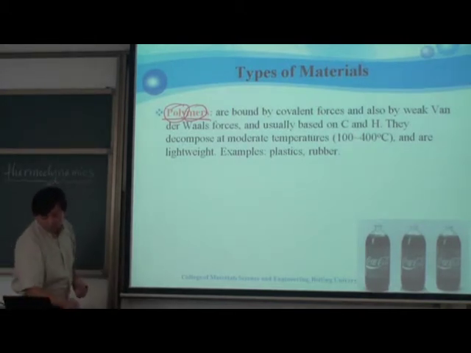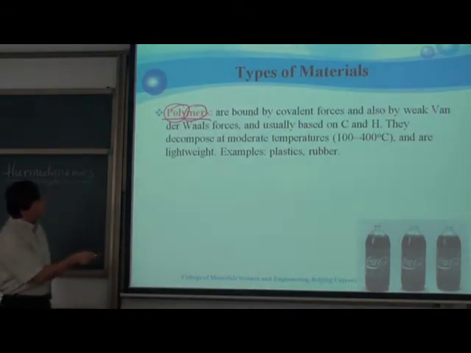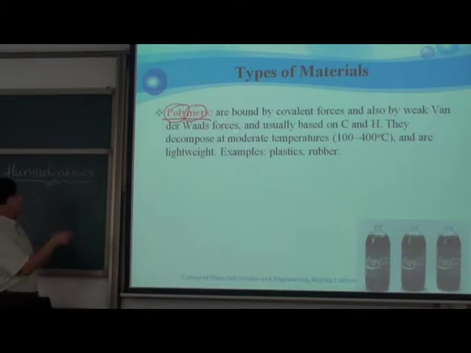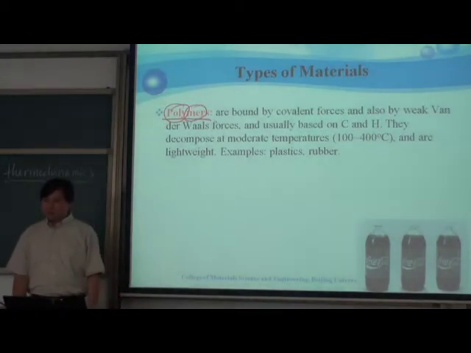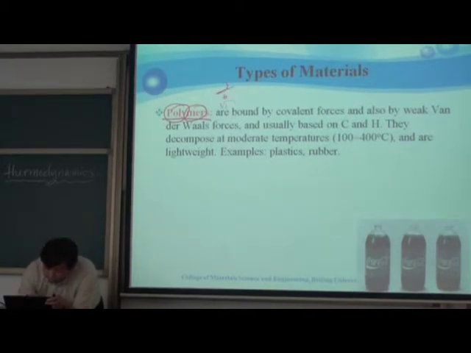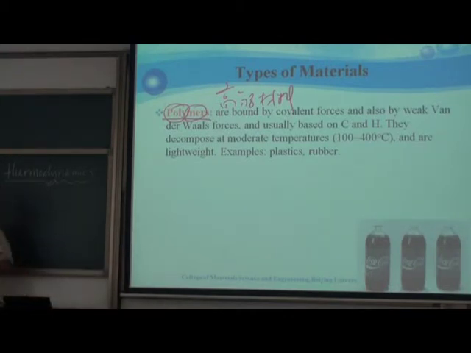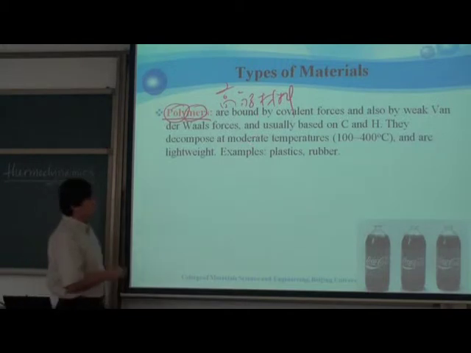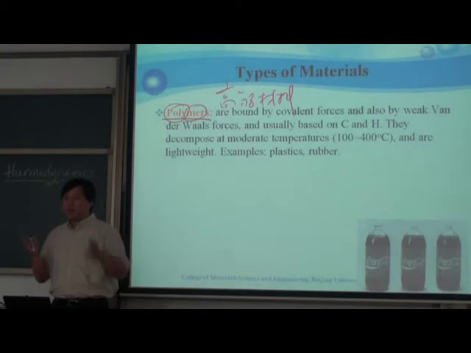Okay, so polymers are bounded by covalent forces and also by very weak van der Waals forces, and usually based on carbon and hydrogen. So you know what are polymers, right? 我们看这什么？咱们聚合物，对啊，咱们高分子材料。Okay, so they can decompose at some temperatures, for example, in between very low temperature, in between 100 and 400 degrees Celsius.